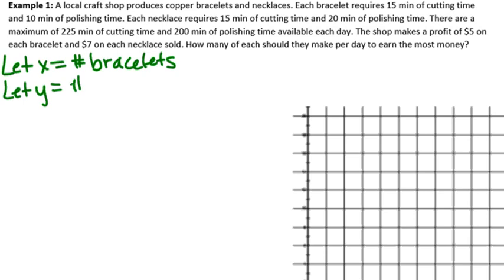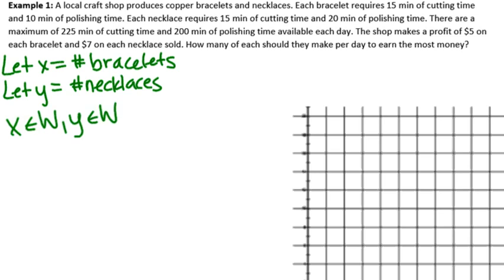And let y be the number of necklaces. We know we can't make half a necklace and sell it, or -3 bracelets and sell them. So we know we have x is an element of the whole numbers, and y is an element of whole numbers as well.